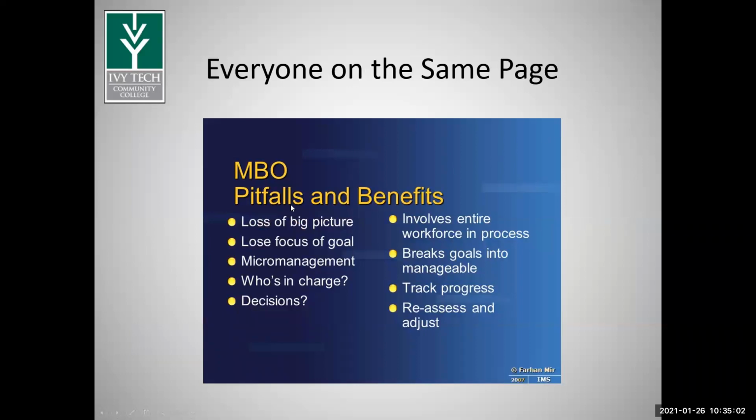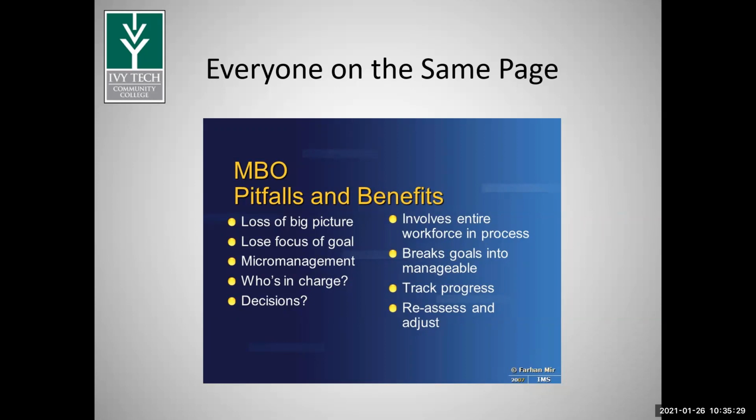So you have this MBO and it has some pitfalls and some benefits. What you worry about is everybody losing the big picture, because I'm so worried about my goals, I'm so worried about my selling, that I don't bother getting my production team on board and making sure they're geared up to handle it.